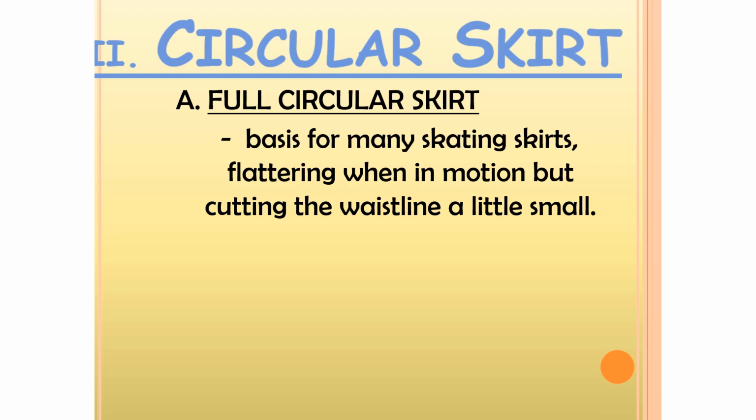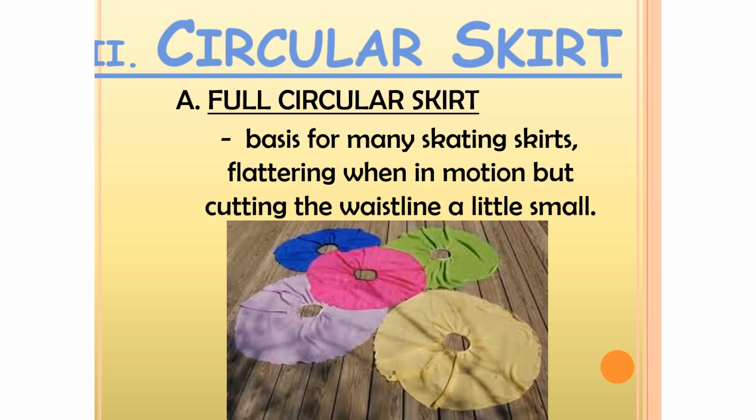Circular or the balloon skirt is a skirt with a balloon or bubble hem and has a full rounded puffed look that gathers in at the bottom. Circular skirt can either be half or full. Just like these examples, these are full circular skirts.